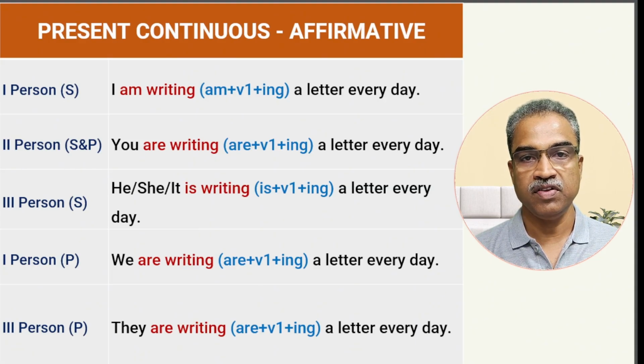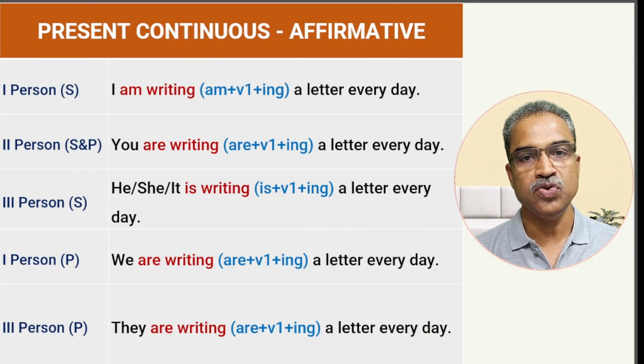Be has three different forms in the present tense, and they are is, am, are. So in the present continuous, after the first person singular, that is I, we always need to use the auxiliary verb be in its am form. So after I, in the present tense, it is always am.